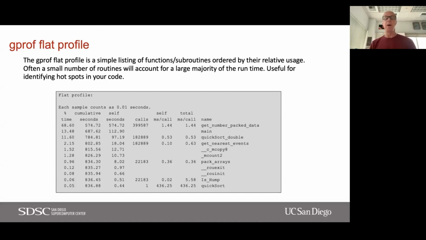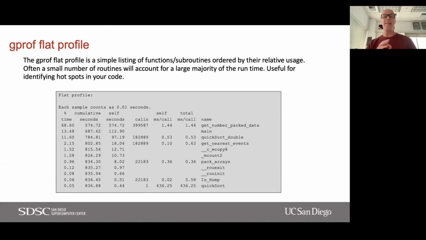It was 100 to a few hundred lines of code. So that's really an ideal situation. On the other extreme, there was a code that I once profiled where no single routine used more than about 1.5 to 2% of the time. And that was kind of a nightmare to optimize because you needed to focus in so many different places.